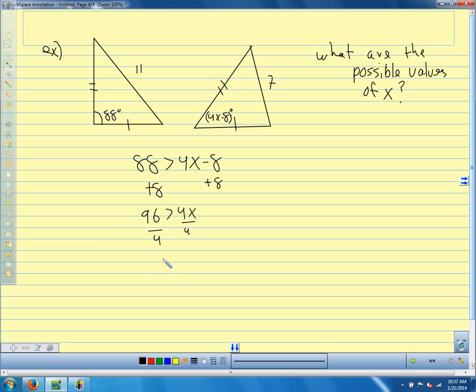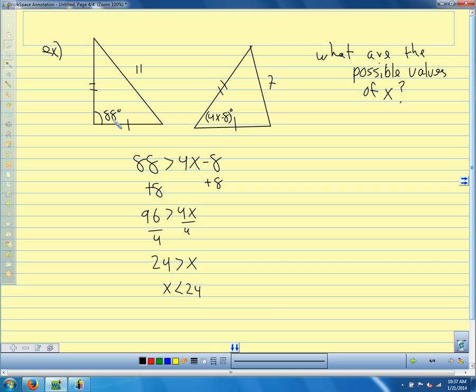Divide by 4. 96 divided by 4 is 24, bigger than x. I could turn this around and say x is less than 24. So x has to be less than 24. In order for this angle to be bigger, x has to be less than 24.